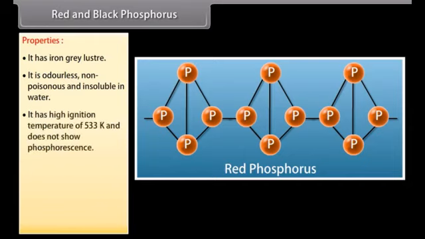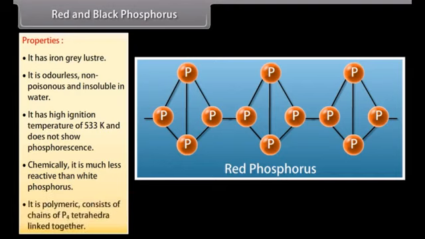It has a high ignition temperature of 533 Kelvin and does not show phosphorescence. Chemically, it is much less reactive than white phosphorus. It is polymeric, consists of chains of P4 tetrahedra linked together.